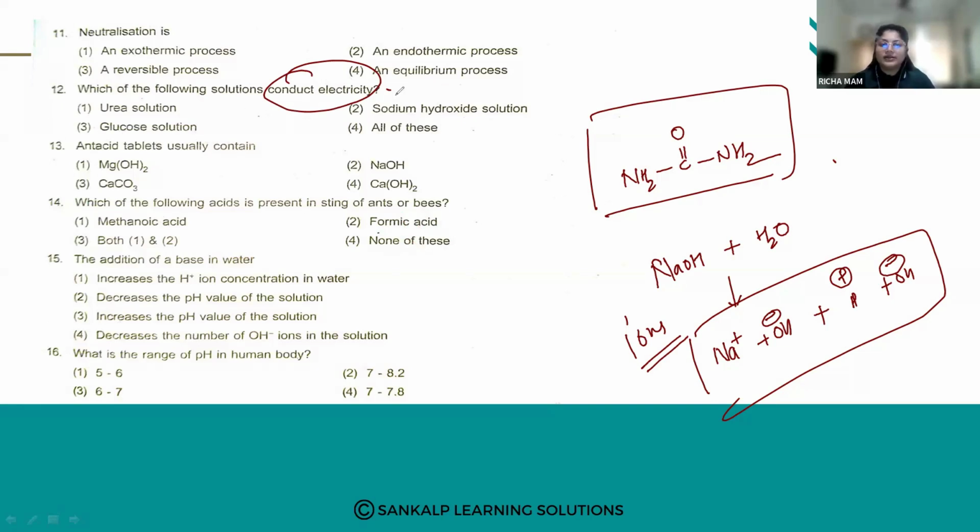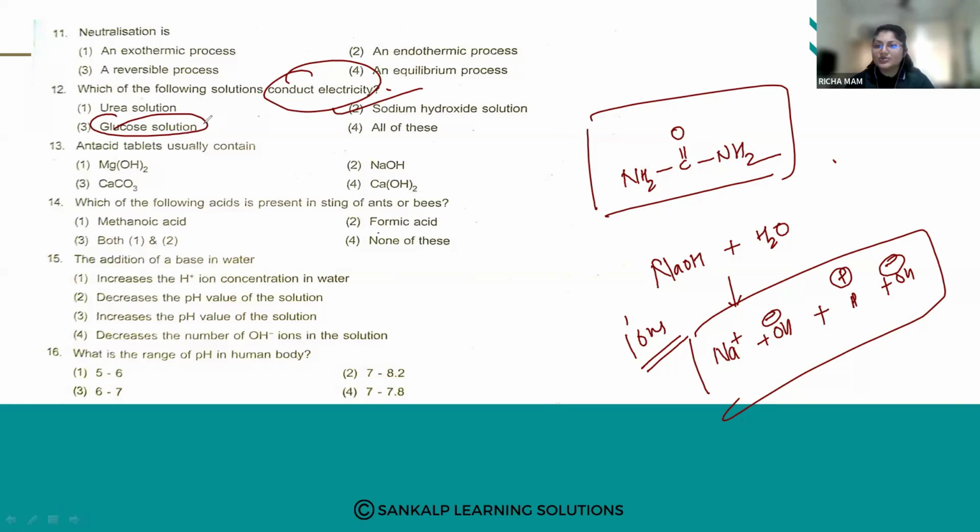It is an electrolyte. Now glucose solution: is glucose an electrolyte or non-electrolyte? It is a non-electrolyte, right? Non-electrolyte means when you add it in water, it will dissolve, but it will not dissociate into ions inside the solution.